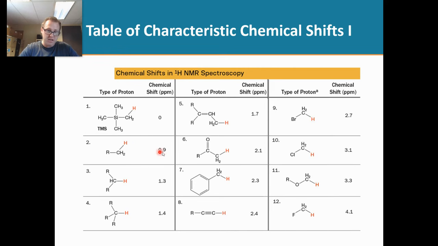What changes those numbers has to do with what R groups are attached. Different alkyl groups will give us different chemical shifts, but these are ballpark ranges. We can see here when we have these methyl groups directly attached to a bromine versus a chlorine versus a fluorine, how the chemical shifts are different.